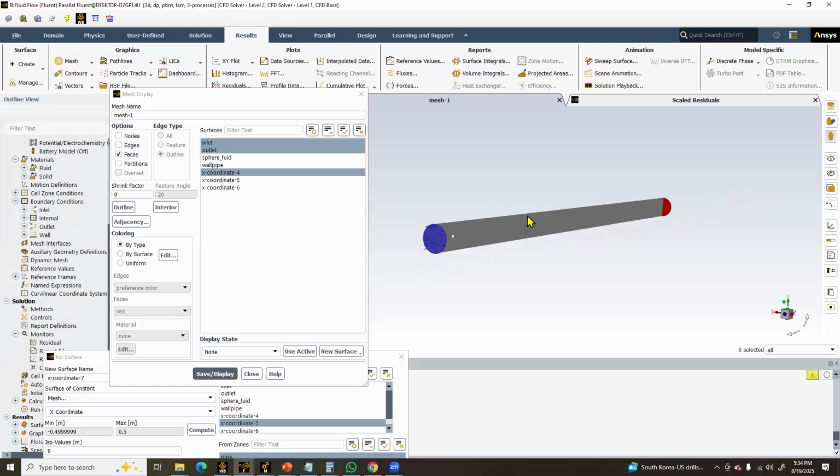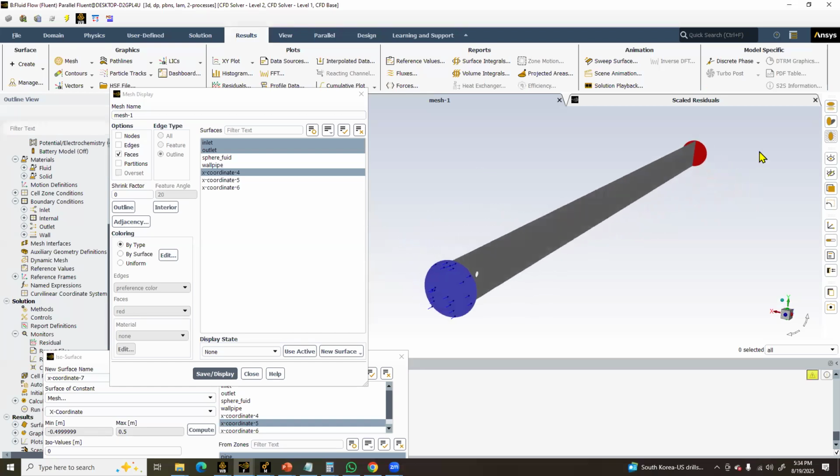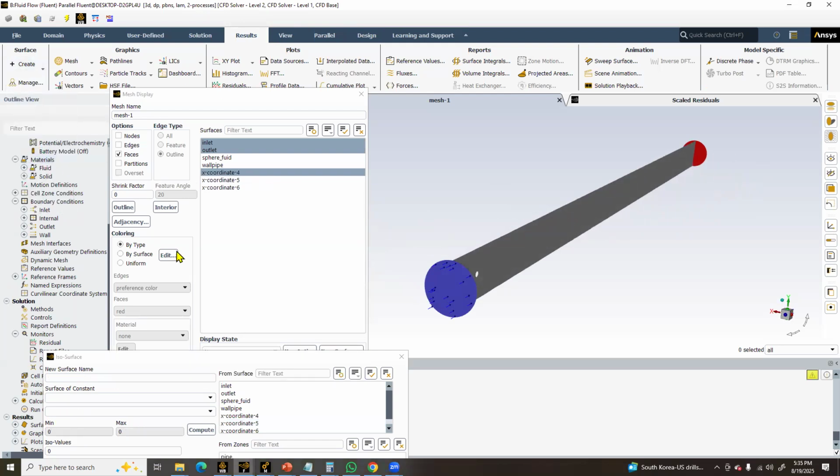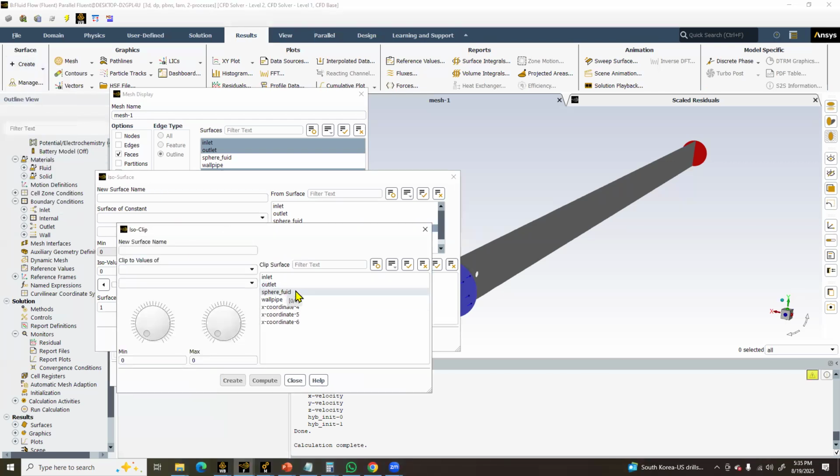Now by this plane, I'm going to draw the two lines on the circular cylinder. Let's see, can we create this here? Wall pipe. I think we should go for the iso clip. So iso clip of this.